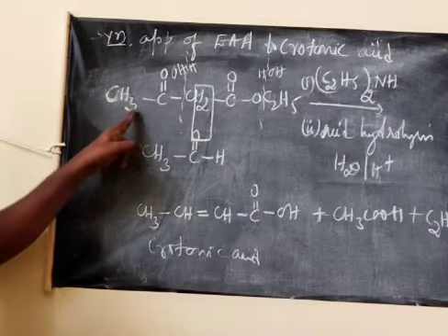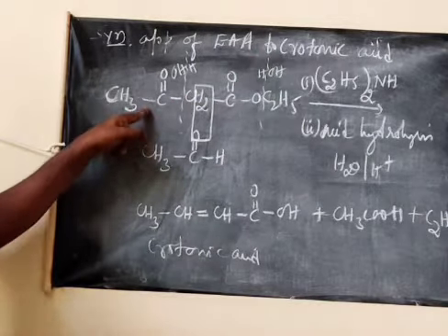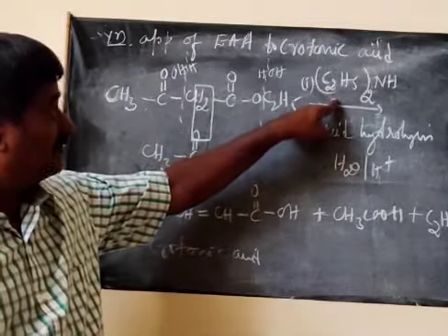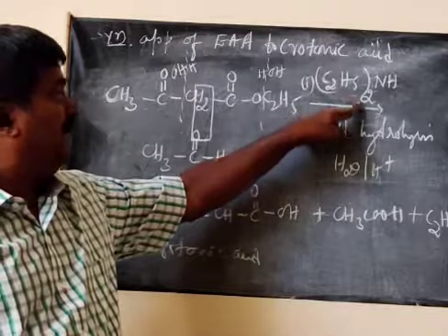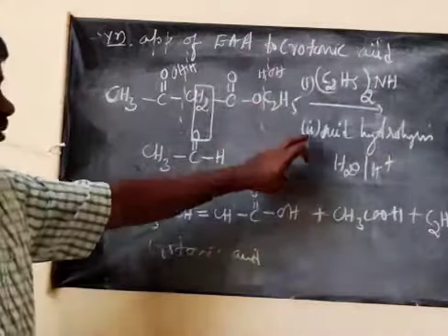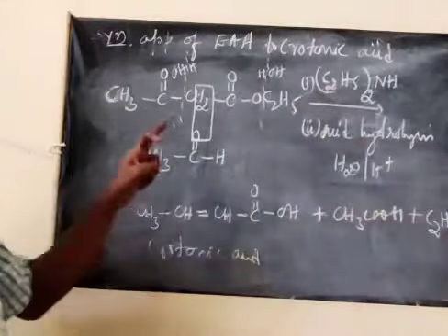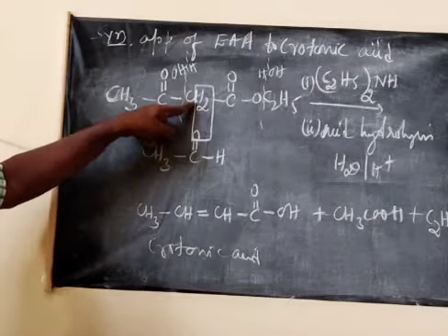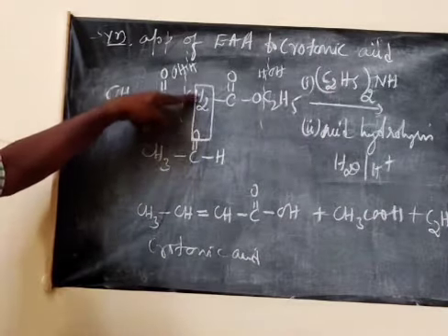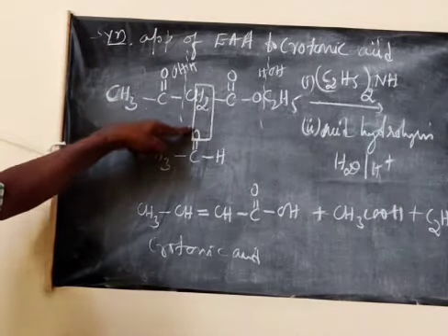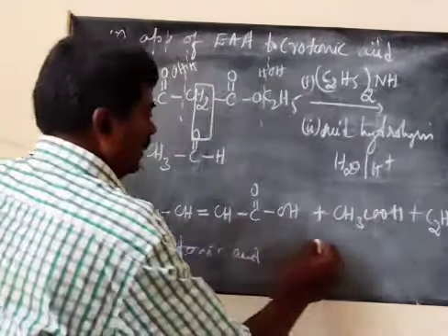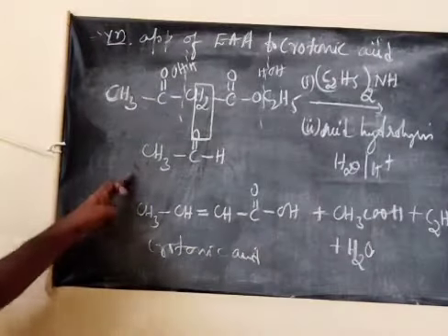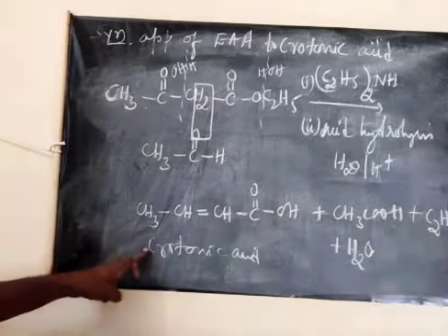See, ethyl acetoacetate is treated with a strong base called diethylamine, followed by acid hydrolysis. The strong base eliminates one molecule of water, plus H2O, and forms crotonic acid.